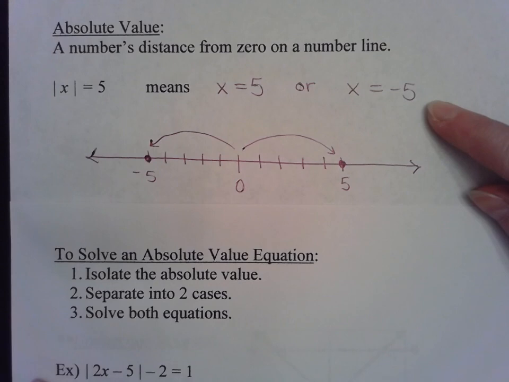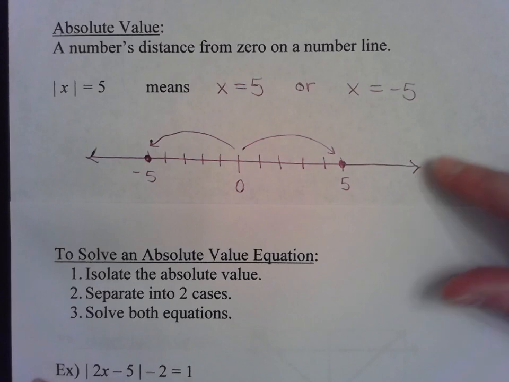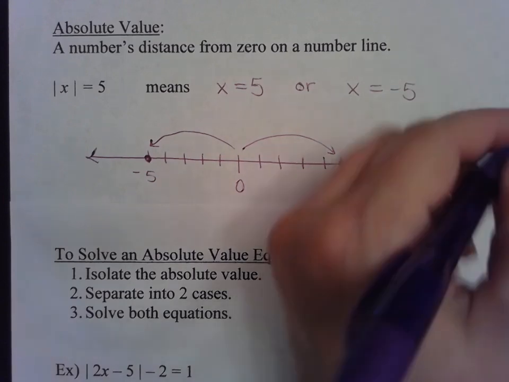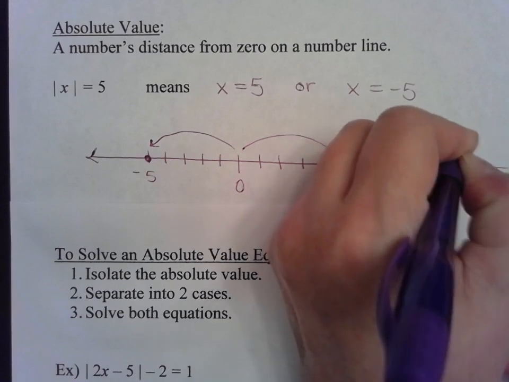One thing I was wanting to say about the number line, the way this relates to the graph is the fact that we have that V shape. And that V shape, I'll just sketch it off to the side, has two sides.